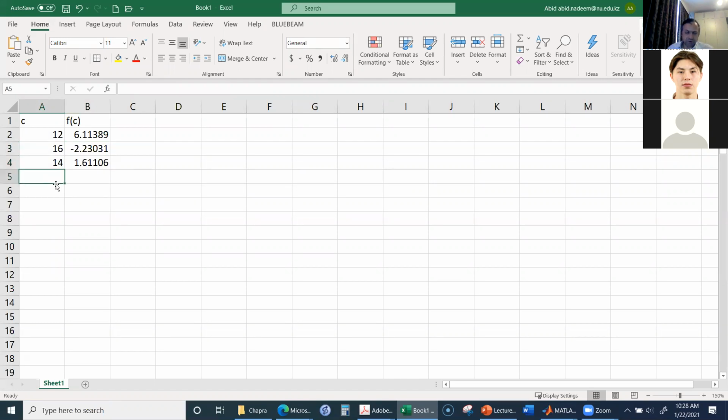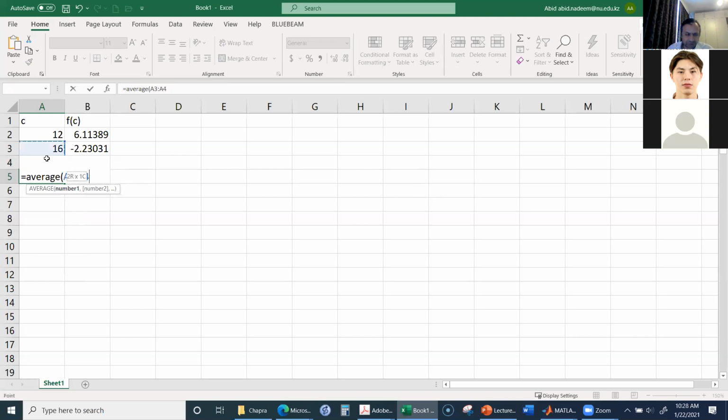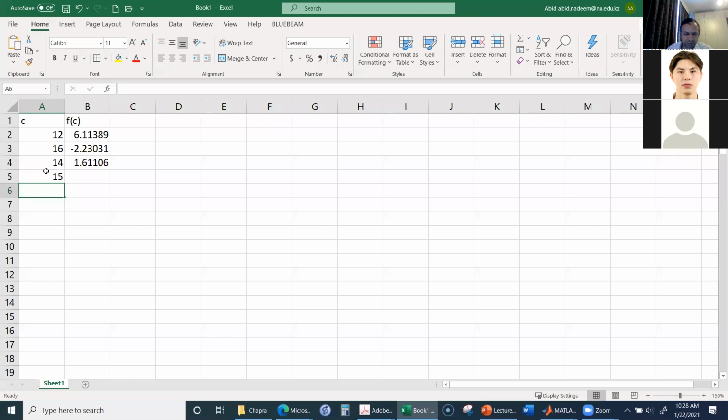So we take the average of 16 and 14, which is 15, right? Now we determine the value of the function like this. Now it is plus and minus, so the root will be between 14 and 15.